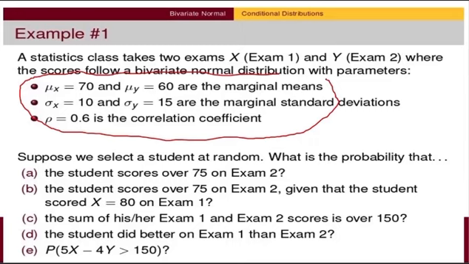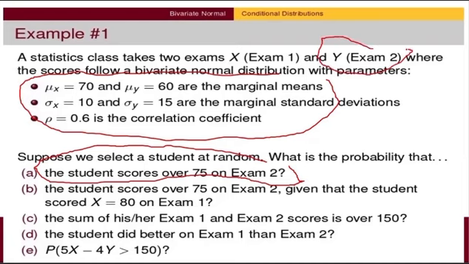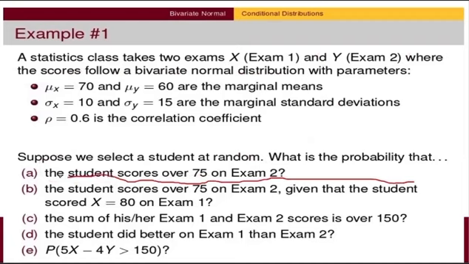What is the probability that the student scores over 75 on exam 2? When they say exam 2, I'm only going to be focusing on a univariate for Y only. But take a look at the B part. The B part asks the same question, but the student scores over 75 on exam 2, given that the student scores 80 on exam 1. I will use the conditional function.